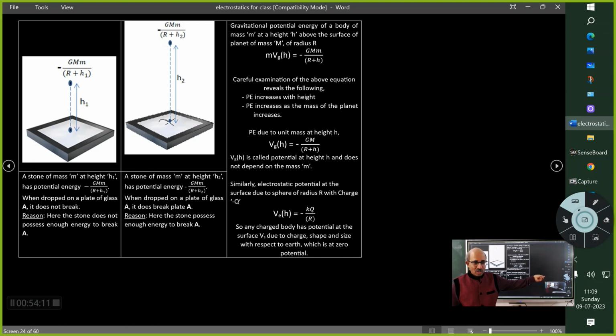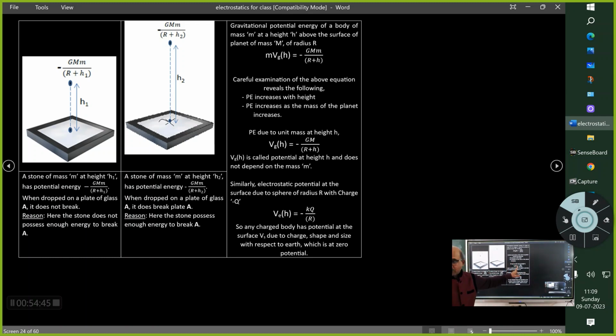So if there is a minus sign and h increases, the value of the physical quantity will increase. But if there is no minus sign, then with an increase in h, it will decrease. That is why if you keep a positive charge plus Q, V1 is at higher potential and V2 is at lower potential. If you keep minus Q, V1 is at lower potential and V2 is at higher potential. Understood? This is the root of the formula.